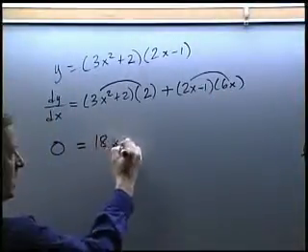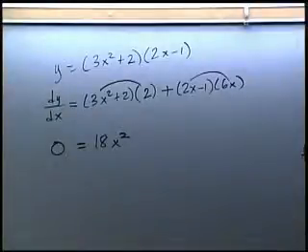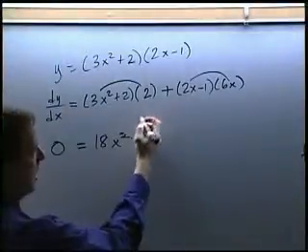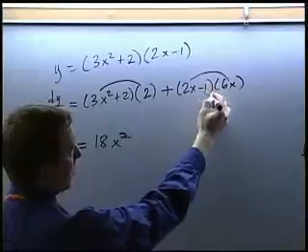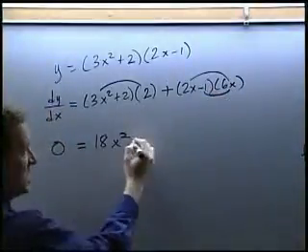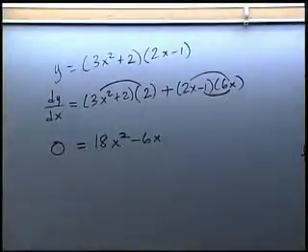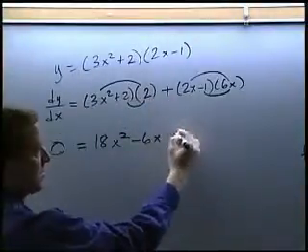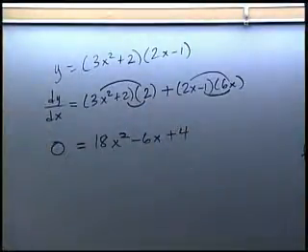Okay, so we got 18x squared out of this. Okay, let's see, if I multiply this times this, I get negative 6x, and that's the only linear term. And if I multiply this times this, I get a plus 4. Okay? And so this is what I mean by cleaning it up. Go through, distribute, put all the like terms together.